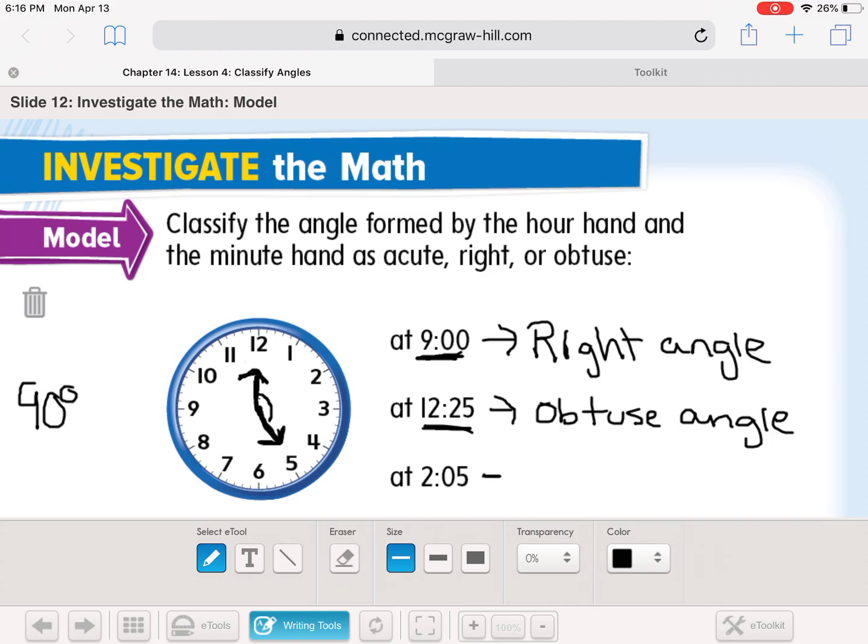All right, our third one, it's going to be 2:05. So I've put my hour hand and I have it point towards the 2.